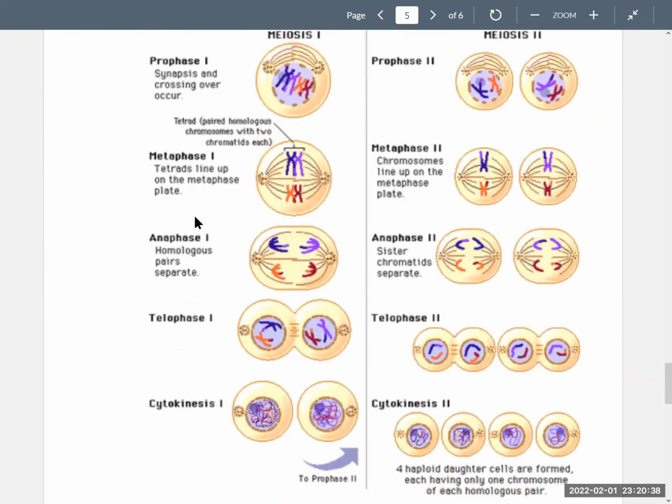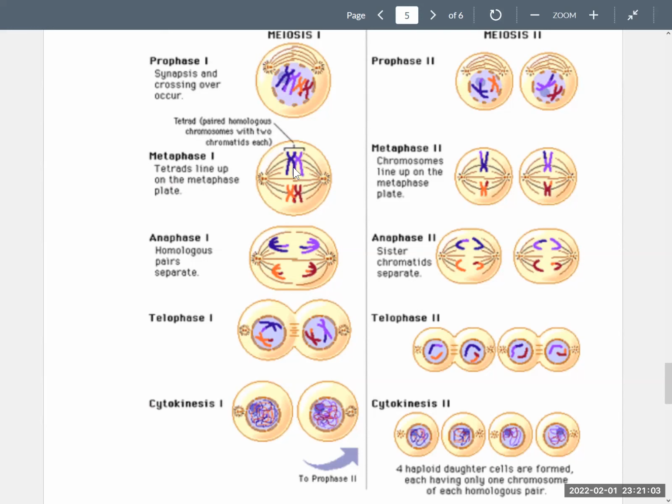Okay. Then at metaphase, the chromosomes line up. They find their partner. In other words, chromosome A from your father finds chromosome A from your mother. And they'll be close together.